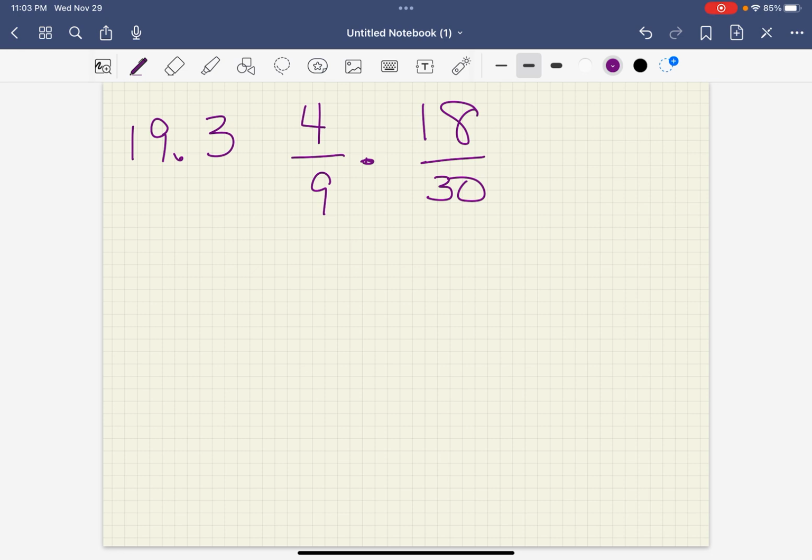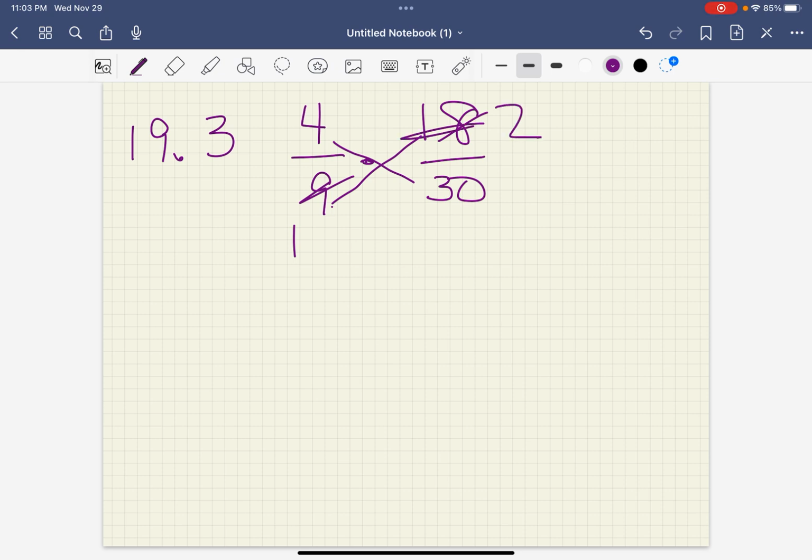So if there was something that went into 4 and into 9, we could reduce it. Into 18 and into 30, we can reduce it. But we can also cross cancel. So we look at those numbers, those two, and we look at these two. And we determine whether there's anything that we can divide out of both of those numbers. So sure enough, out of 9 and 18, 9 goes into itself once and into 18 twice.